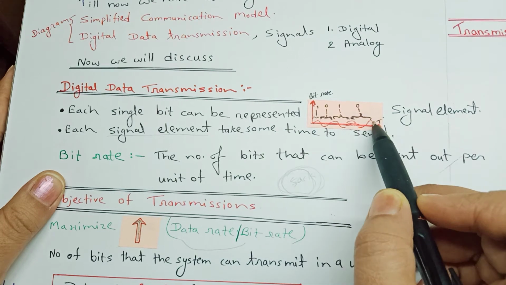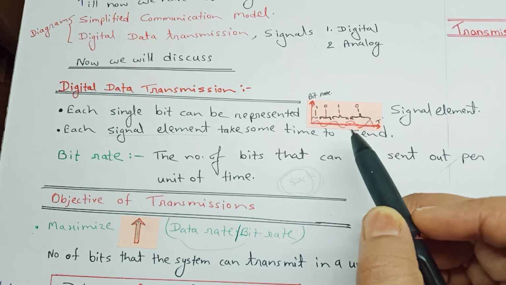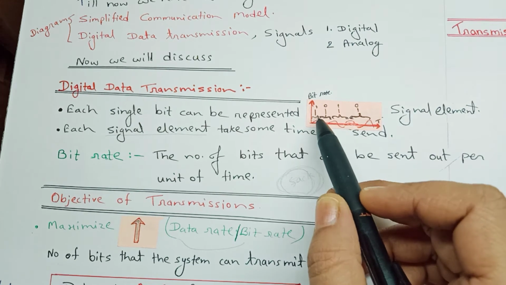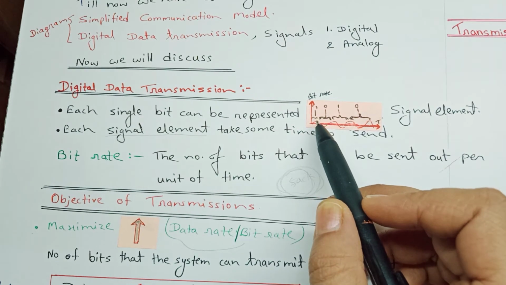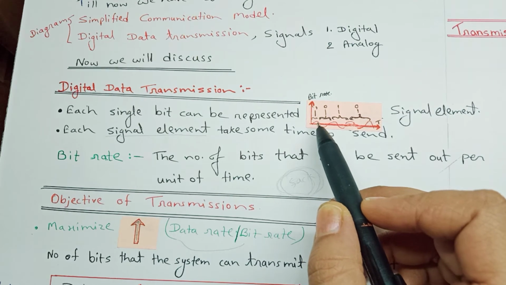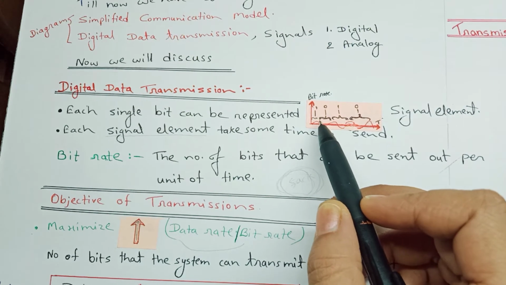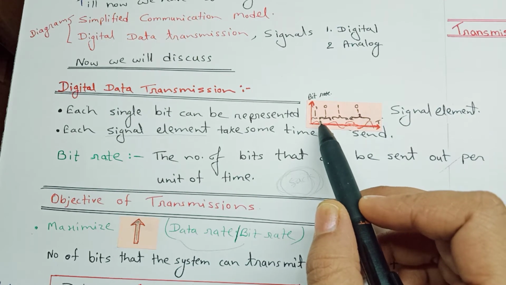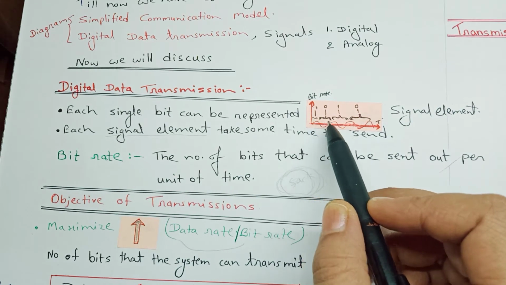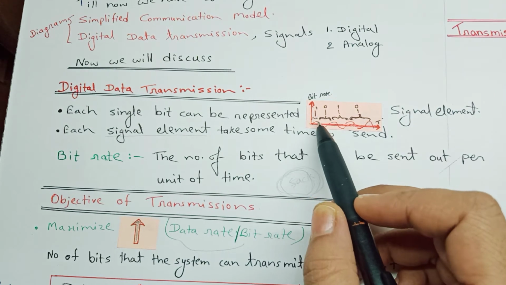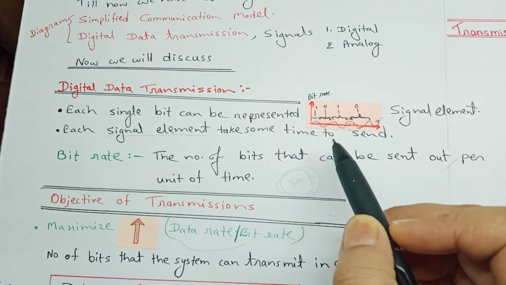This is another signal element, and this is another signal element, which means any signal coming via our medium has so many elements. A single bit is a signal element.